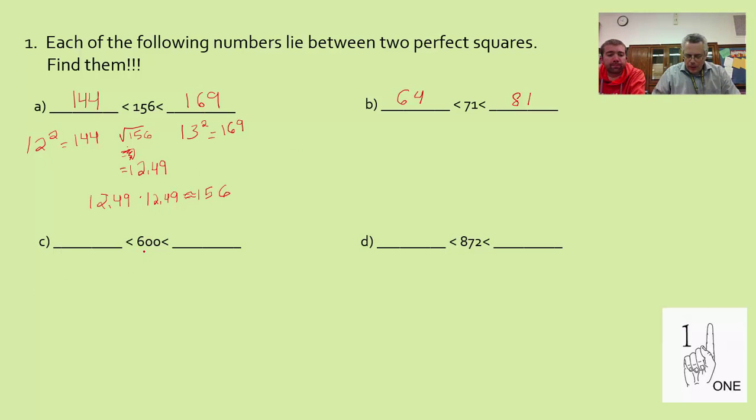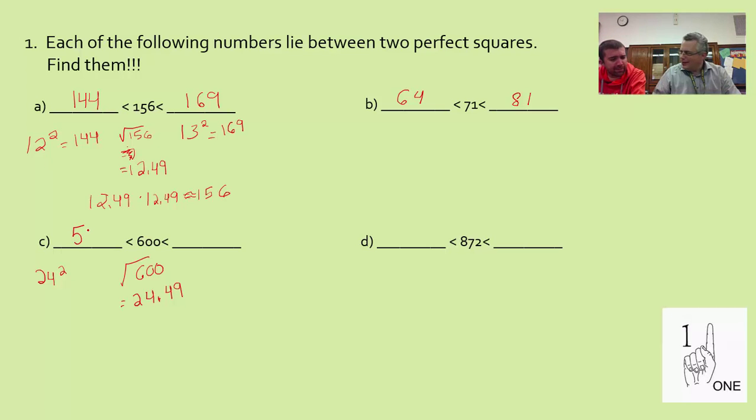So the square root helps us out. We're going to take the square root of 600, and I get 24.49. So if we round that down to 24, 24 squared is the perfect square that's less than 600. Is that 576?